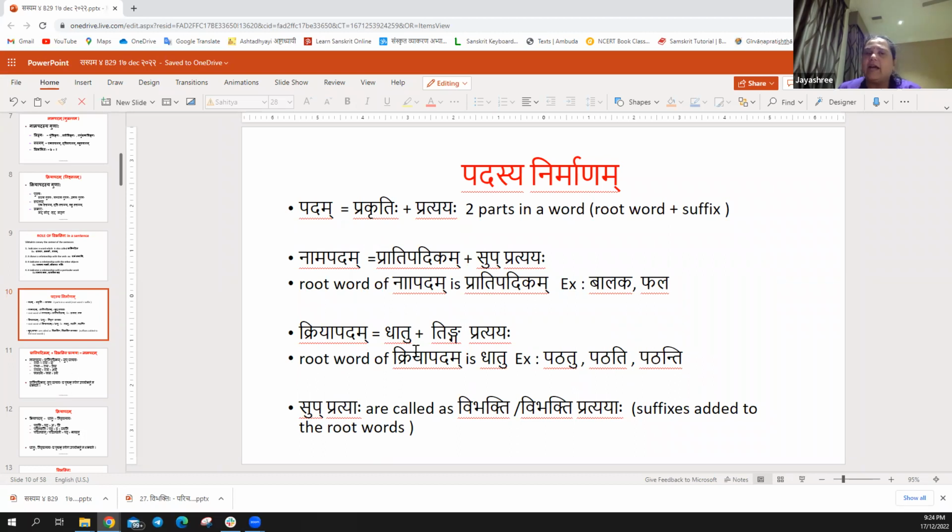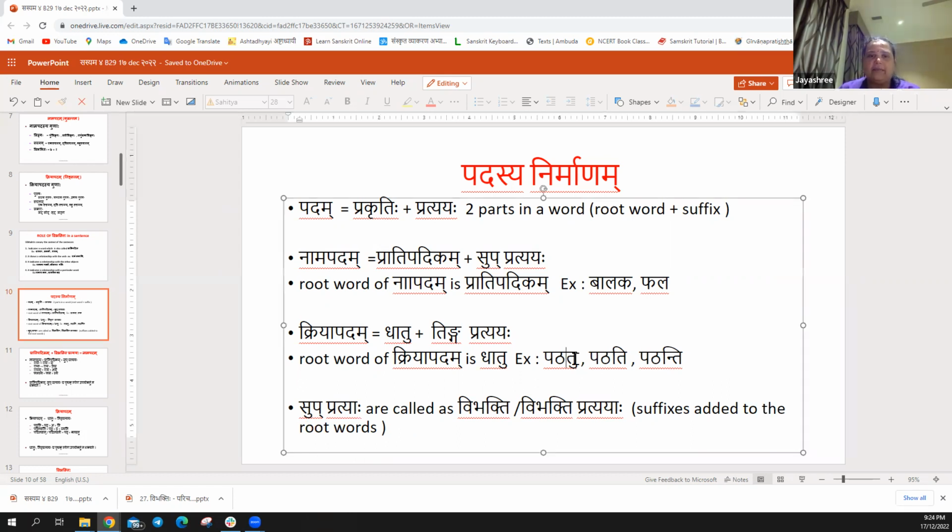The Prakriti is called Dhatu. All right, and the Pratyaya which we add is called Ting Pratyaya. So here Pata is Dhatu and Tu is the Ting Pratyaya. Right? So Patatu, Patati, Patanti, all these are Ting Pratyaya. That's the suffix.